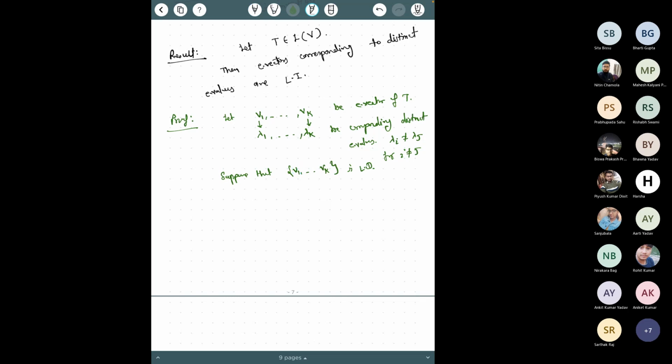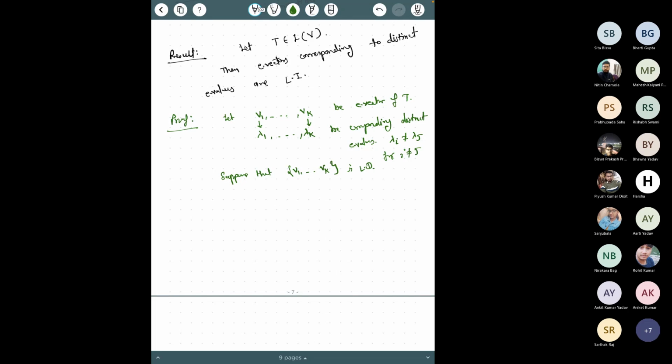Then you look at whether v2 can be written as a linear combination of v1. If it cannot be, you move to v3. Since it is linearly dependent, there would be at least one vi that can be written as a linear combination of preceding vectors. We have proved this in our lectures, and it is easy to see.